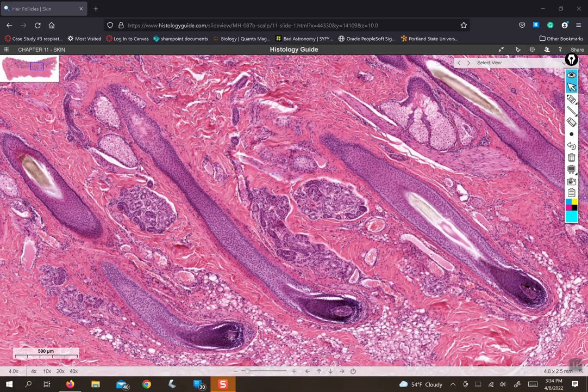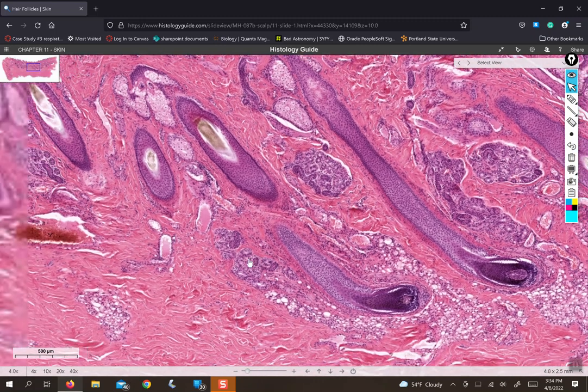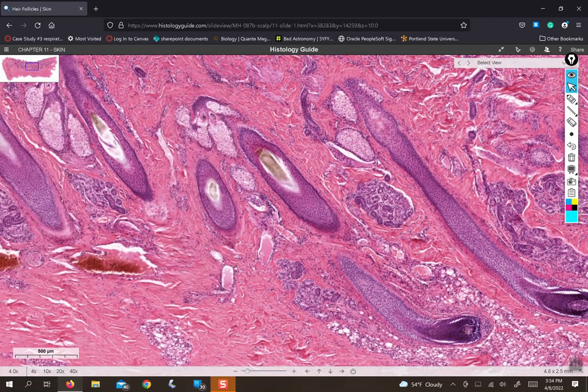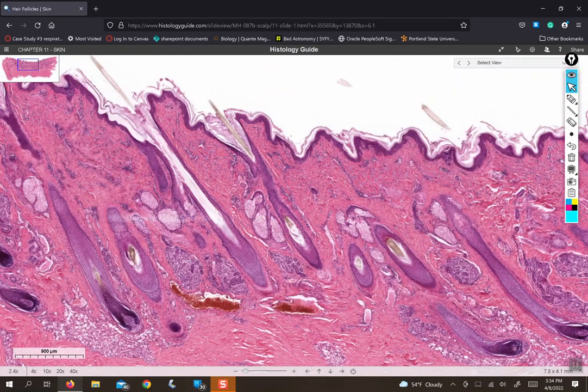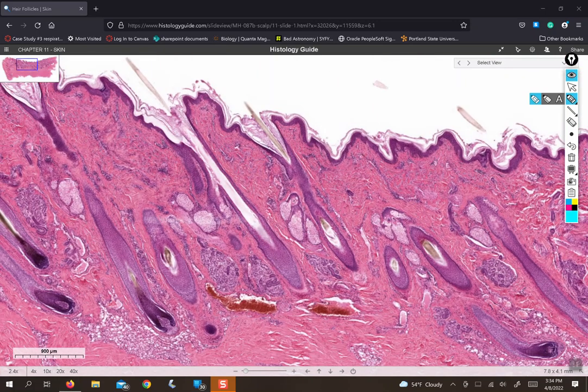Some of them will be less conspicuous or less obvious, although this one's pretty nice. So you can see they kind of attach at an angle to the shaft of the hair follicle, and there's often, as is the case here too, they're often sort of cupping a sebaceous gland. So you see that?